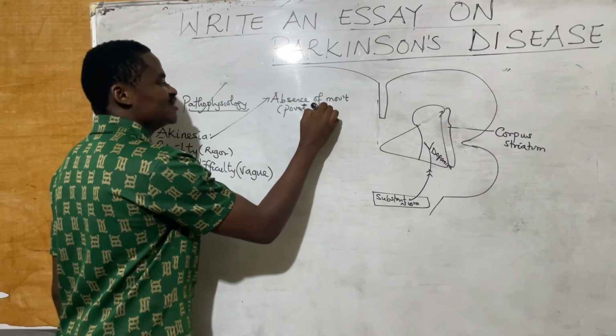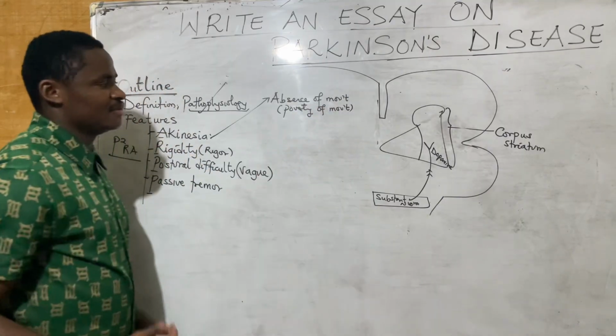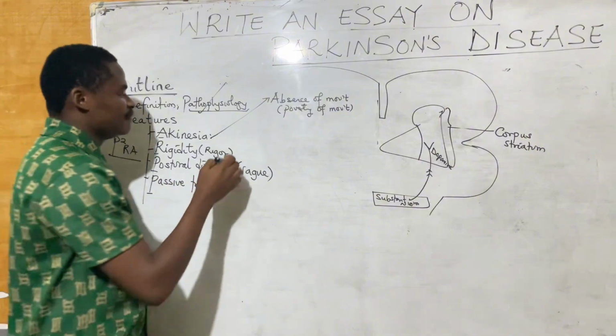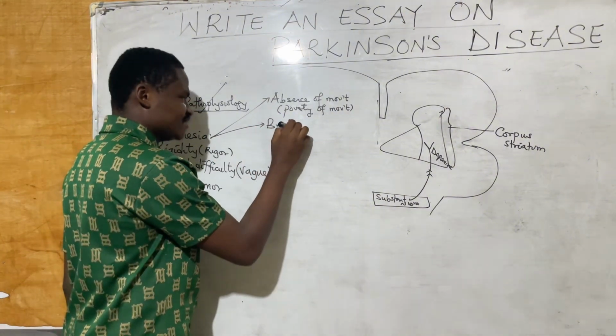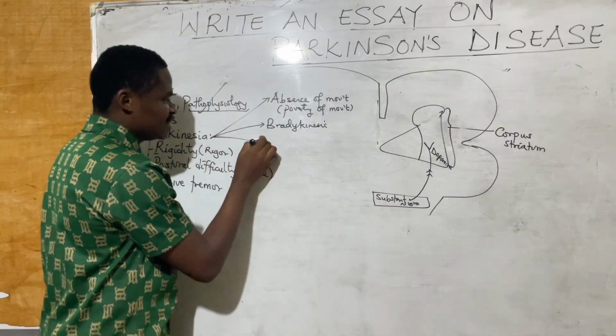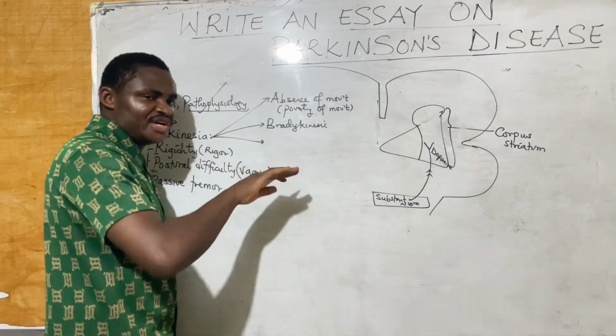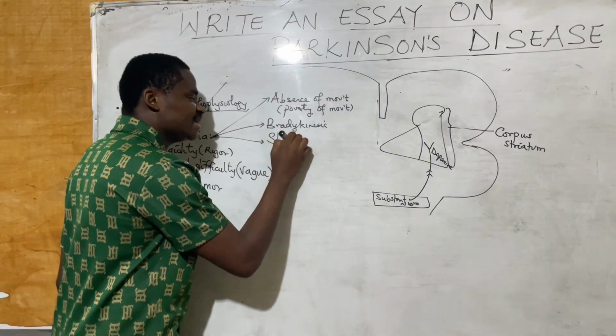Poverty is not only about money; poverty can also be in movement. Secondly, this person can also have bradykinesia. There is still some little movement there, but the movement is slower. And if there is slower movement, it can change the gait of that person. We call it a shuffling gait.